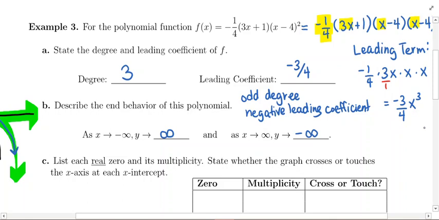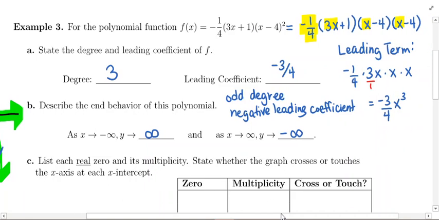All right, so let's talk about how you would do this. I haven't really explained to you yet how you come up with the multiplicity, so I'm about to do that now. Remember, so far we've encountered up to degree 2, which is a quadratic function. So think about quadratic functions. How did we come up with their x-intercepts?